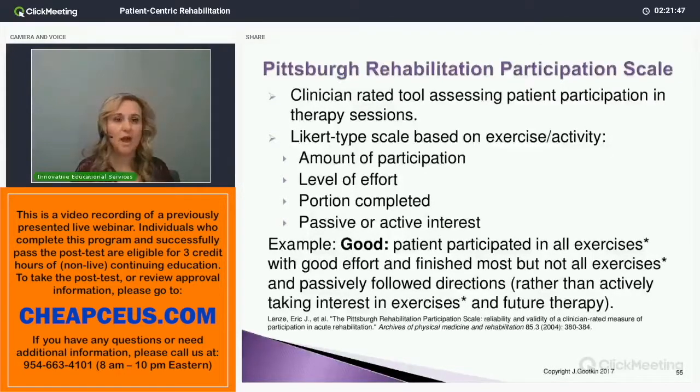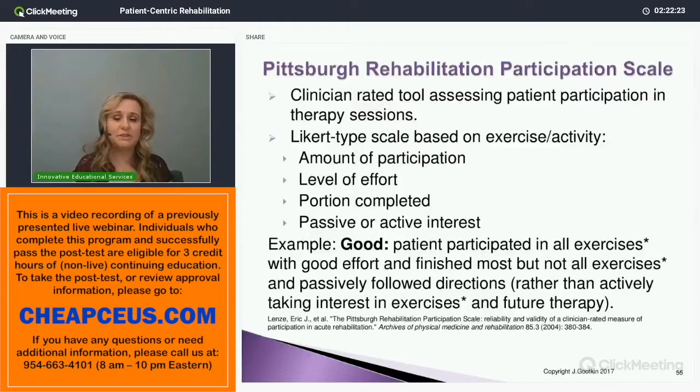Because if I schedule them at 1 o'clock in the peak 105 degrees, and they had to walk a huge distance from their car just to get in for therapy, because of the fatigue and the heat exhaustion's effect on their multiple sclerosis, as engaged as they want to be, they're just not physiologically capable of that. Maybe consider it. So there are some tools out there that you can utilize to look at patient participation, again, just to give you more information to tease out what's going on to find a way in.